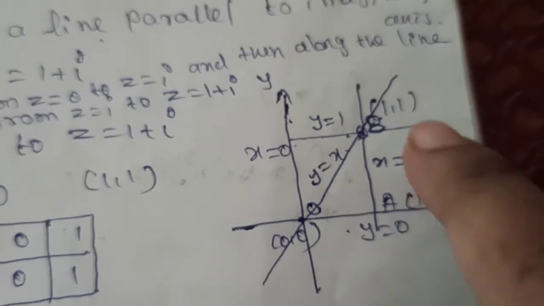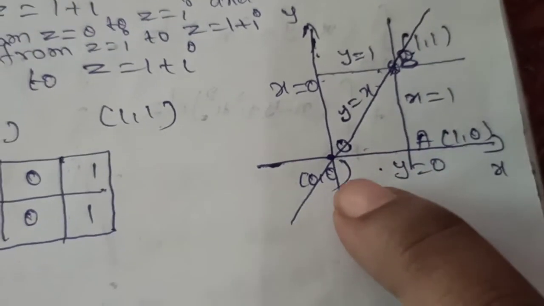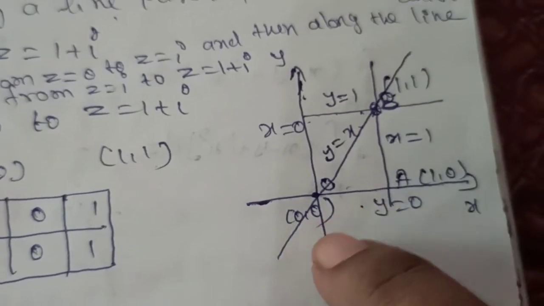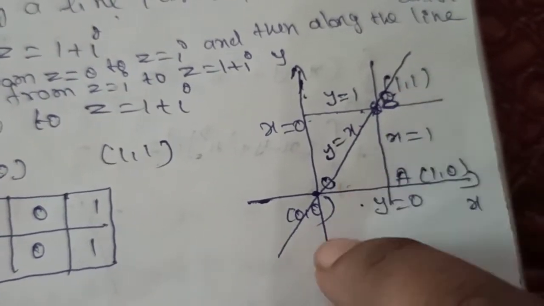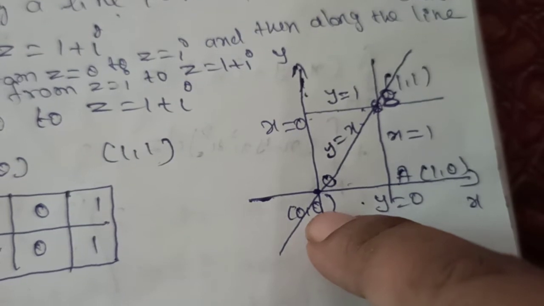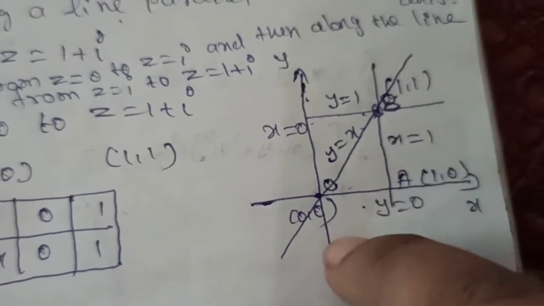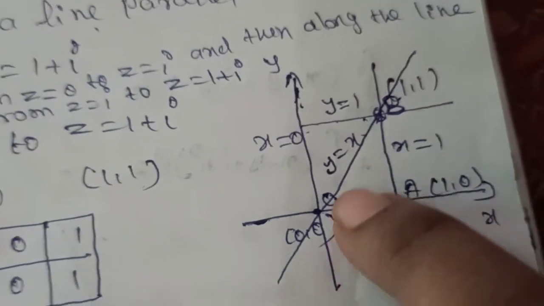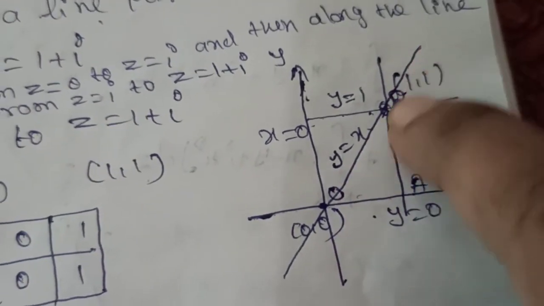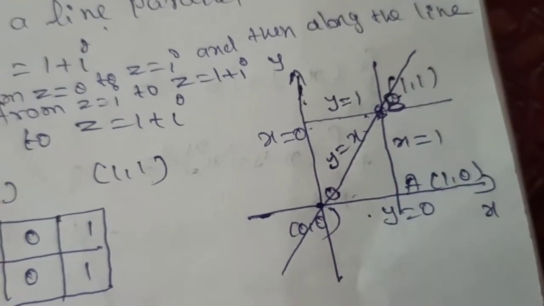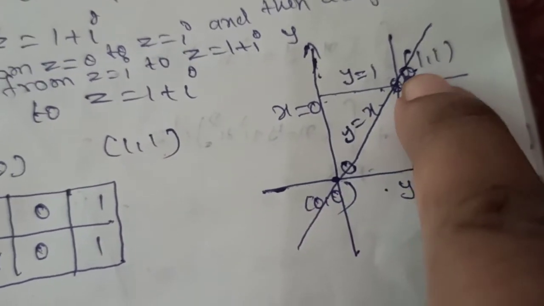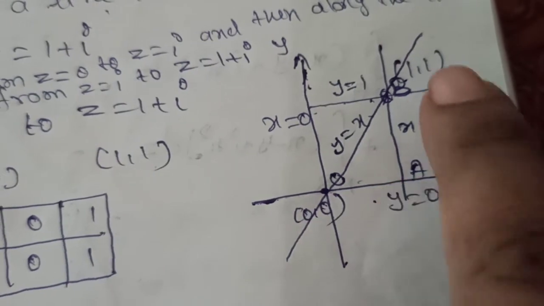Joining the points (0, 0) and (1, 1), this is the line y = x. Take the points O, A and B.